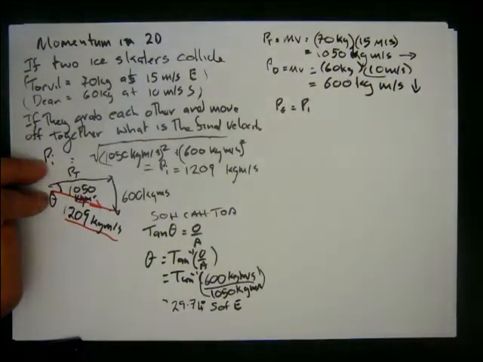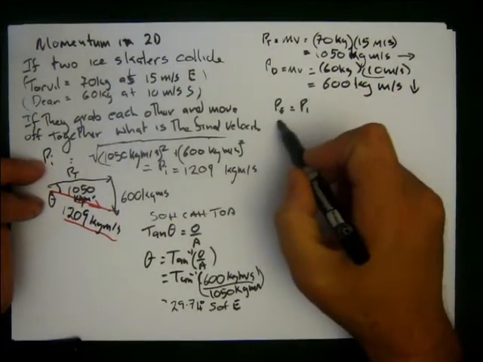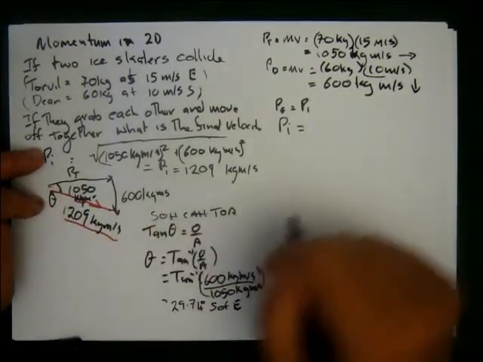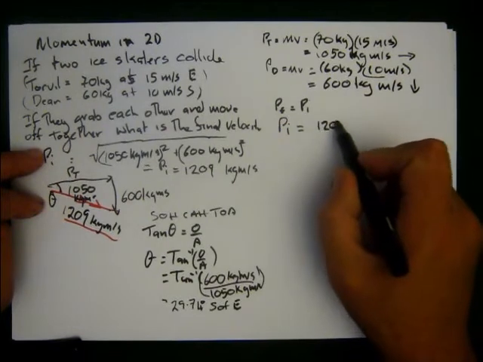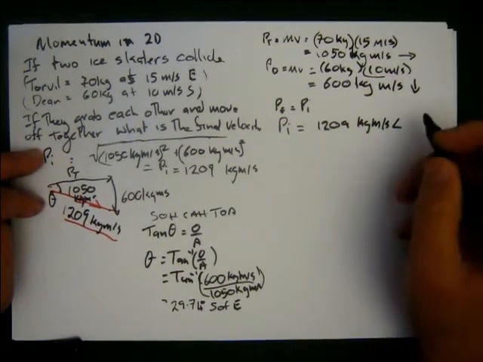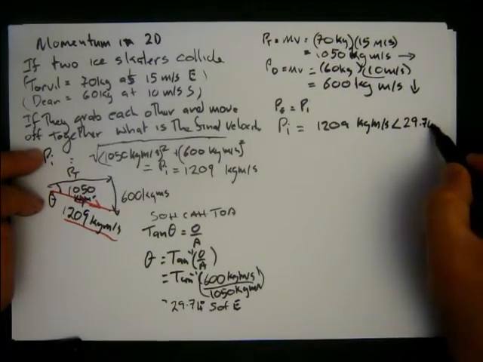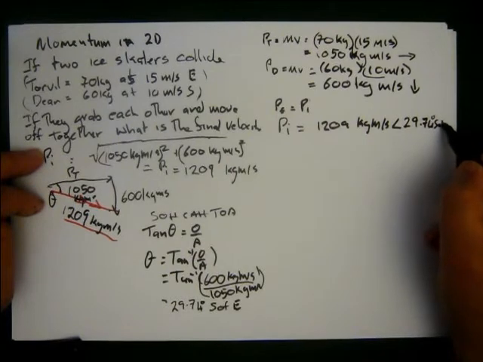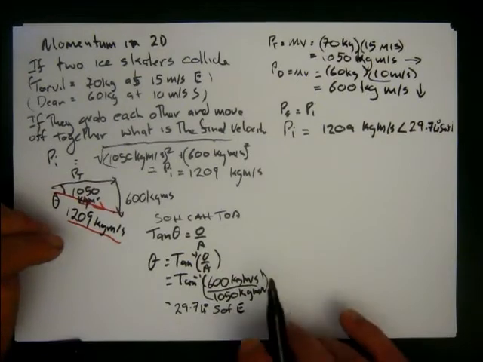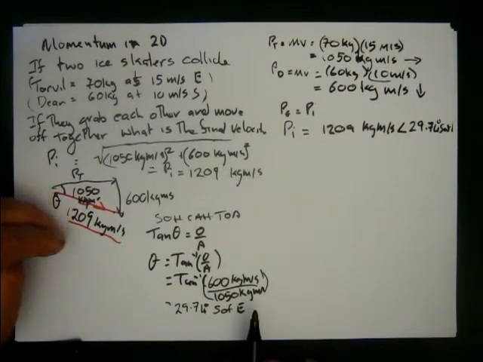So I look at the east, it's going south of there. So P initial, we've added it up, equals 1209 kilogram meters per second at an angle of 29.74 degrees south of east. Okay, the next question is, what's their final momentum going to be? This is the initial momentum.